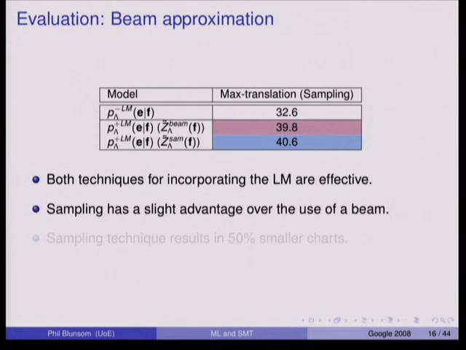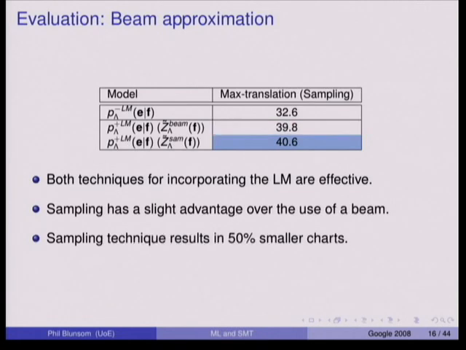If we compare the two approximations, there's little difference between them. The results are quite similar. However, the sampling model is producing charts which are roughly half the size of the beam search, so it's much more computationally efficient. With a much smaller set of derivations, it's producing a better estimate. So I'll use that approximation in the next experiments.